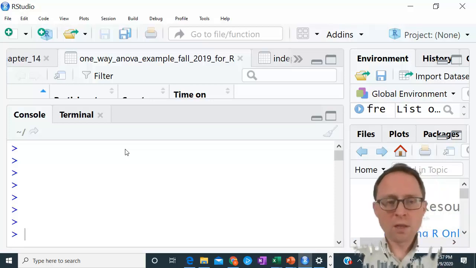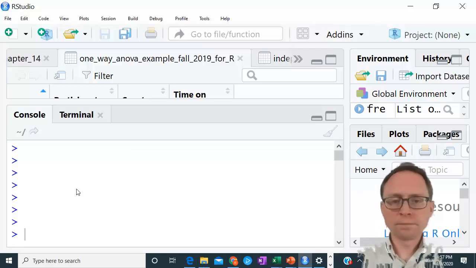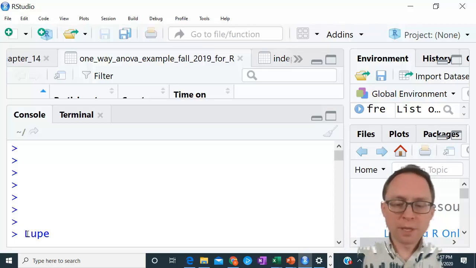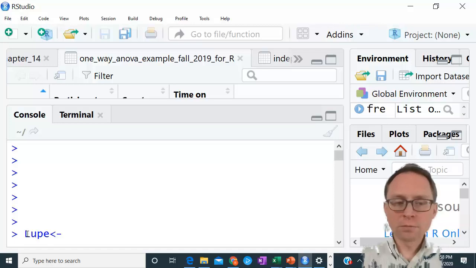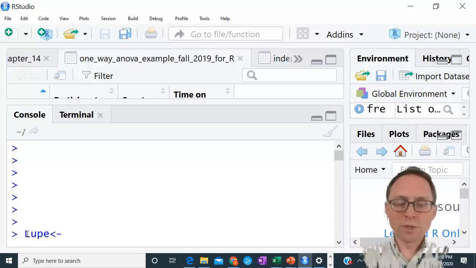I'm going to call my model Lupe. My model's name is Lupe. And what you need to do is you need to tell RStudio what Lupe should be. Okay, there's a couple ways you do this. You can create a little arrow to do it. It says Lupe is going to be this, right? That's what you're going to do. So that's one way. There's other ways to do this actually, but arrows are fun.